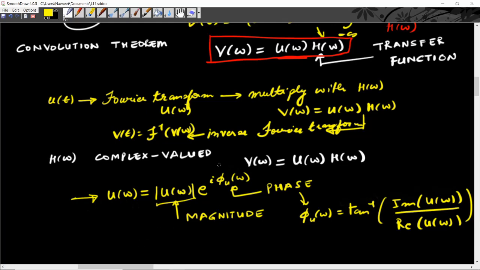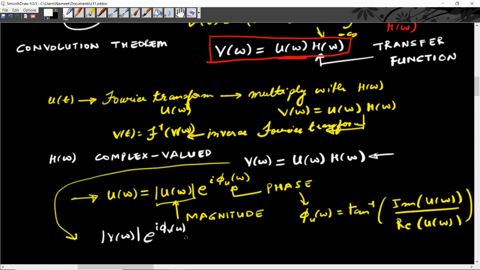Now, if we write this equation in terms of this notation, we get this equation, which is just an alternate form of this product of U of omega and H of omega that is equal to V of omega.